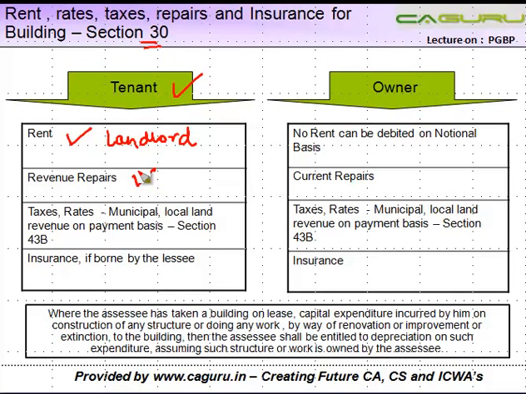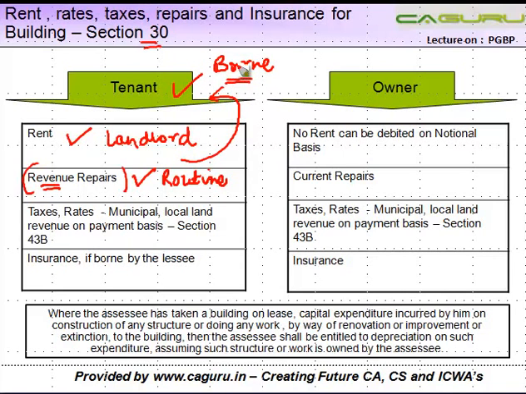Revenue repairs. What does this mean? This basically means some routine recurring repairs, which are revenue in nature. A tenant is not going to undertake capital repairs in normal circumstances, right? And revenue repairs to the extent that these are borne by the tenant.